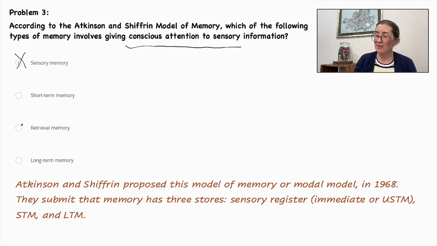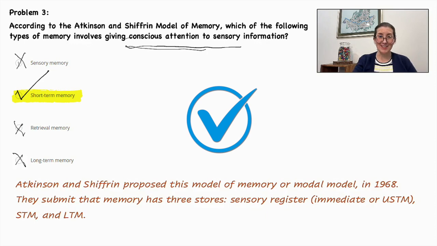So it is not that either. Long-term memory is a step beyond the conscious attention to sensory information. It's the practice and review of that information so you can remember it in a long-term situation. So long-term memory is not the answer either. The conscious attention to sensory information is short-term memory, and that's the correct answer.